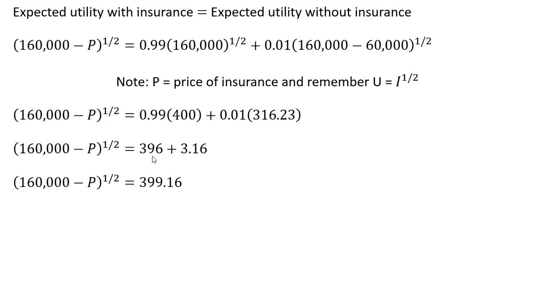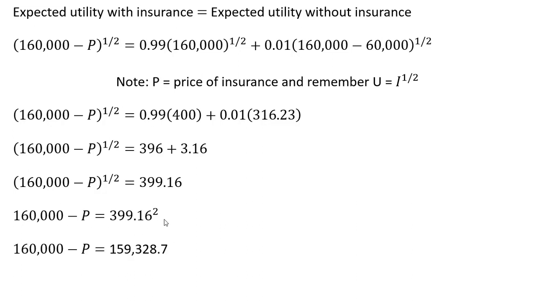Adding up the values on the right-hand side. And now I'm going to square both sides, get rid of this 1/2 power here. So squaring both sides, 399.16 squared gives us this result.